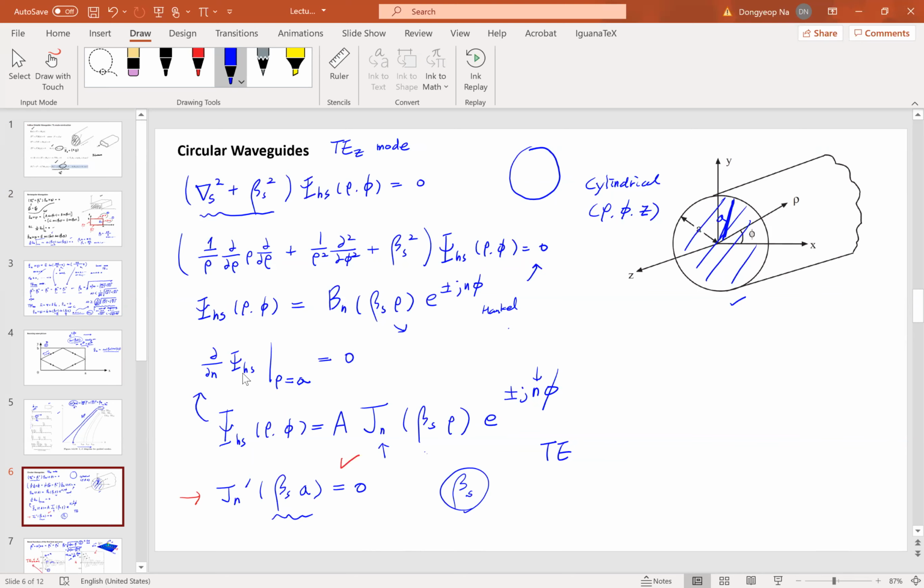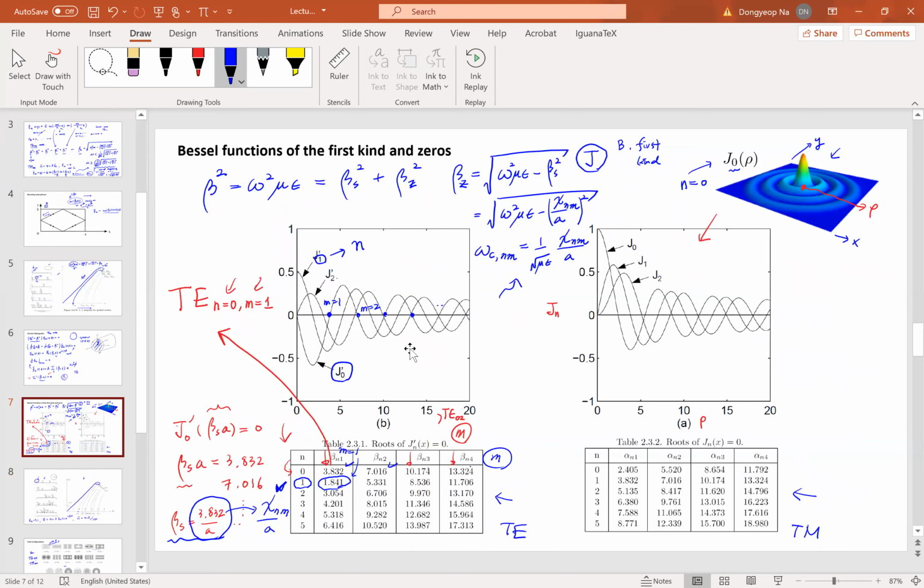But due to the boundary condition, the solution should be the Bessel function of the first kind. And this TE mode case, this eigenvalue, beta S, can be determined by inspecting the zero crossing of the derivative of Bessel function.